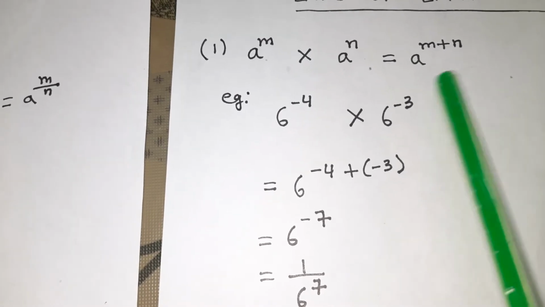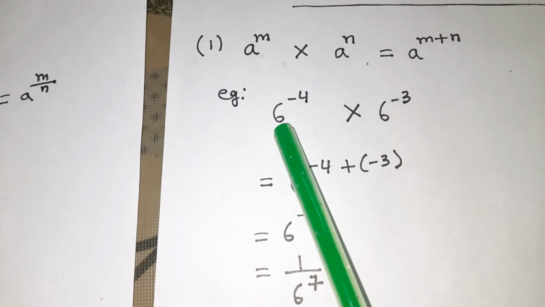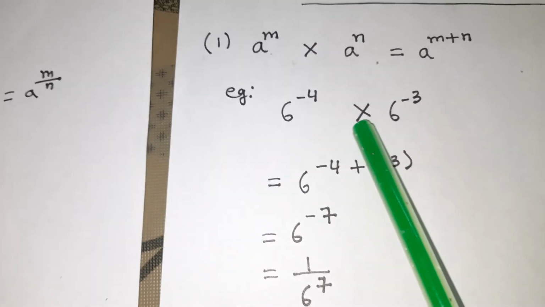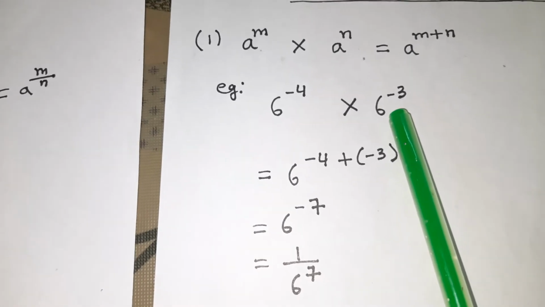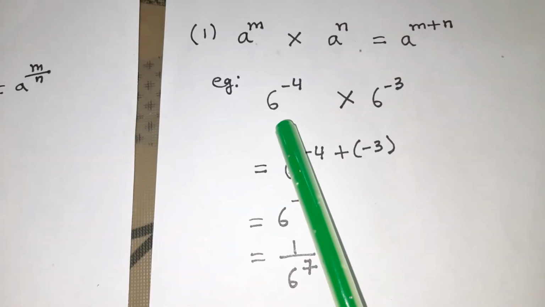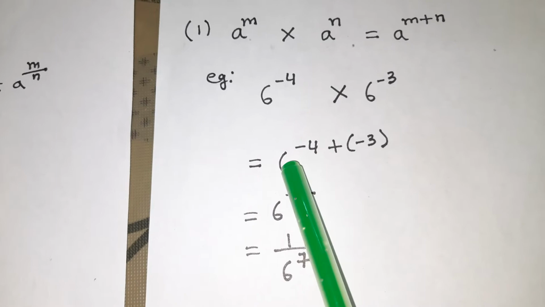Let us see this by example. 6 raised to the power minus 4 into 6 raised to the power minus 3. So the powers will be added. Bases are the same. So 6 to the power minus 4 plus minus 3. First we will put it in brackets so that there is no confusion.